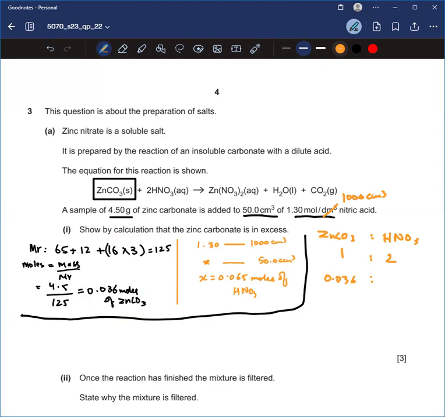If we multiply 0.036 by 2, it would be 0.072. So 0.072 moles of HNO3 would be required.